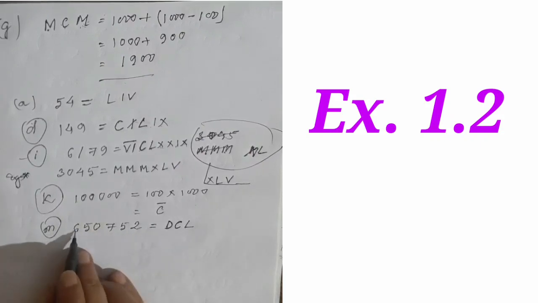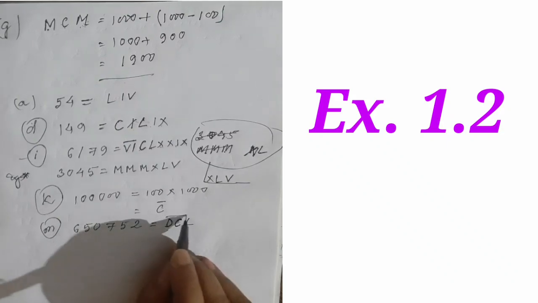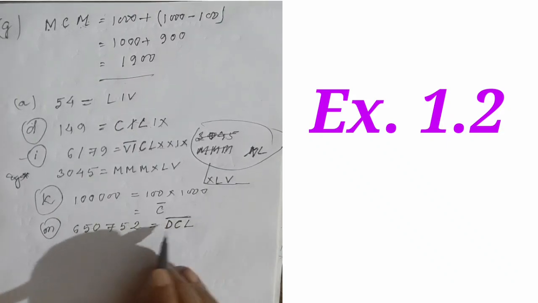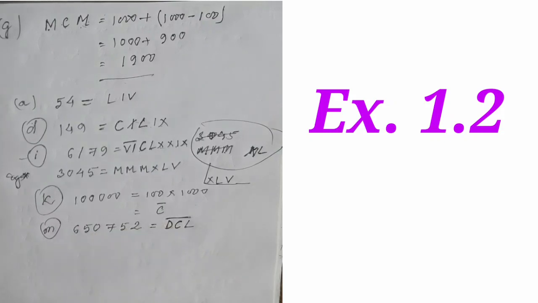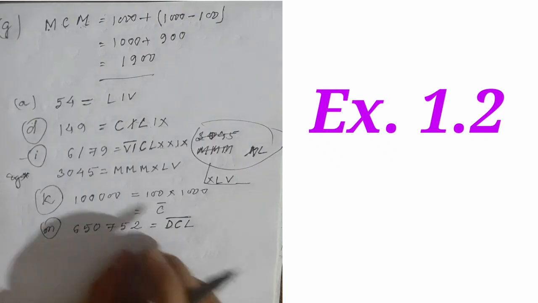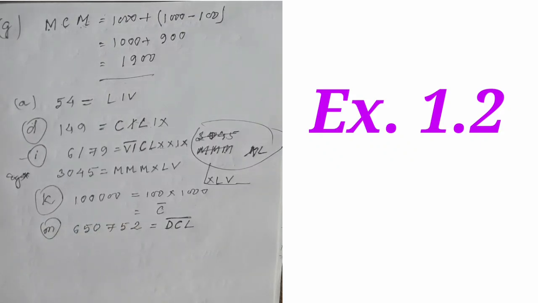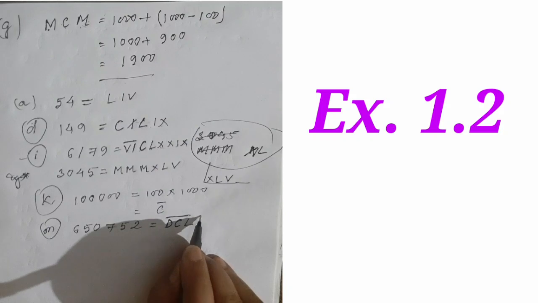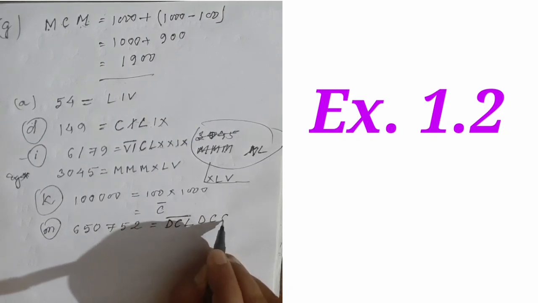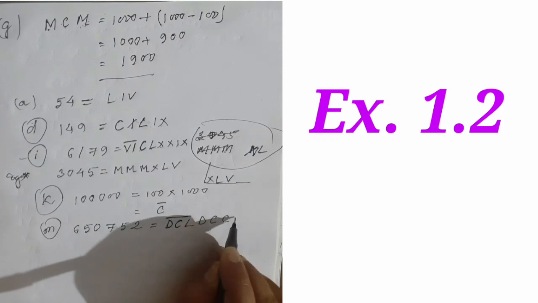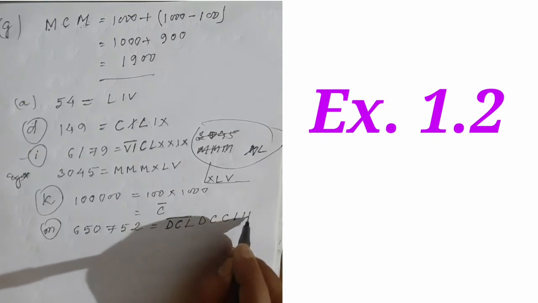So here 650,000 has a bar. Now the bar comes on 650, and then 752. Now 752 in normal form we will just write 752. So this D is 500, this 600, 700. Now we will write 52 as LII.